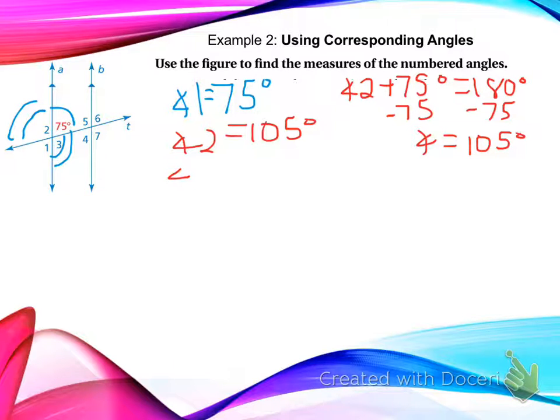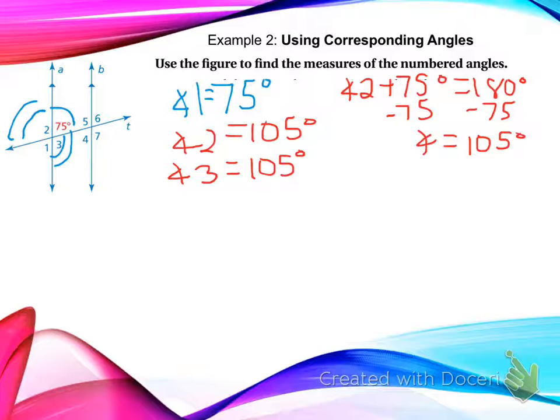That means that the measure of angle 3 is also 105 because it's also supplementary to the 75. Plus, angle 2 and 3 are vertical angles, so they're congruent. So now we have the measure of angles 1, 2, and 3. Now we have to figure out what 4, 5, and 6 are.